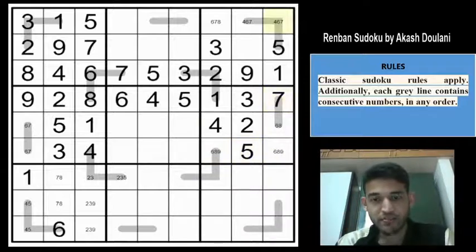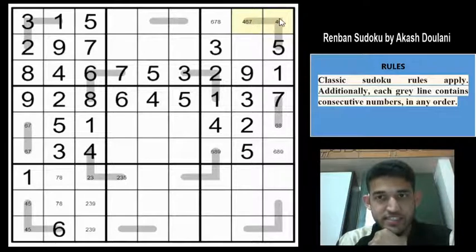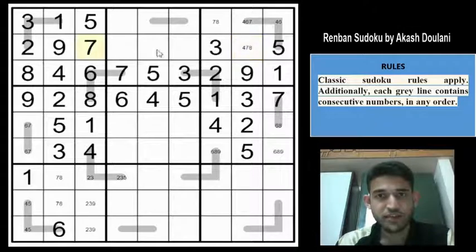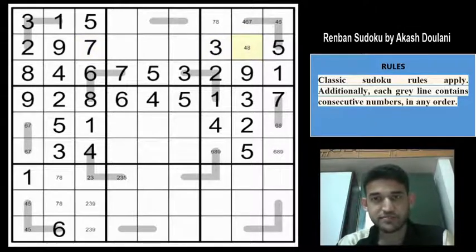2, 4, 5, 1, 3, 7. So 6, 8 and 9. The 7 here eliminates the 7 from this cell, so this is a 4 or a 6. And we already know that 6 must be in one of these two cells. So 6 can be eliminated from this cell, and 6 is also not possible here. So this is 4, 7 or 8. But 7 is here, so this is a 4 or 8.